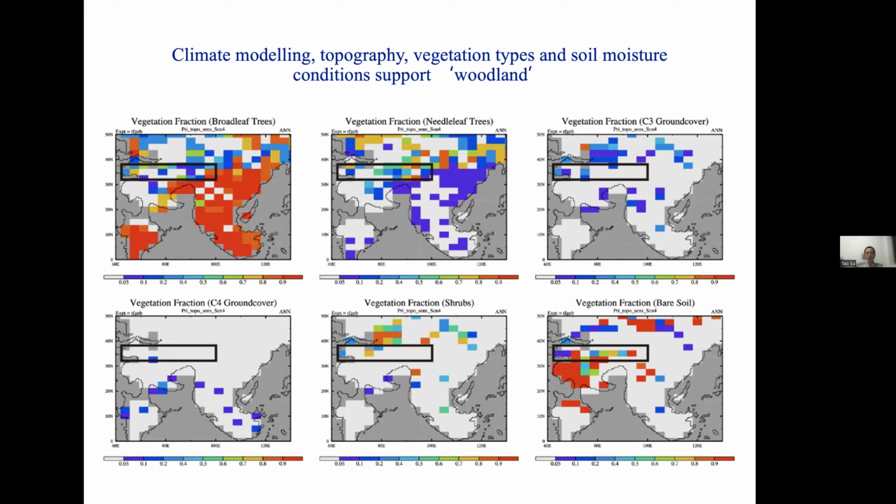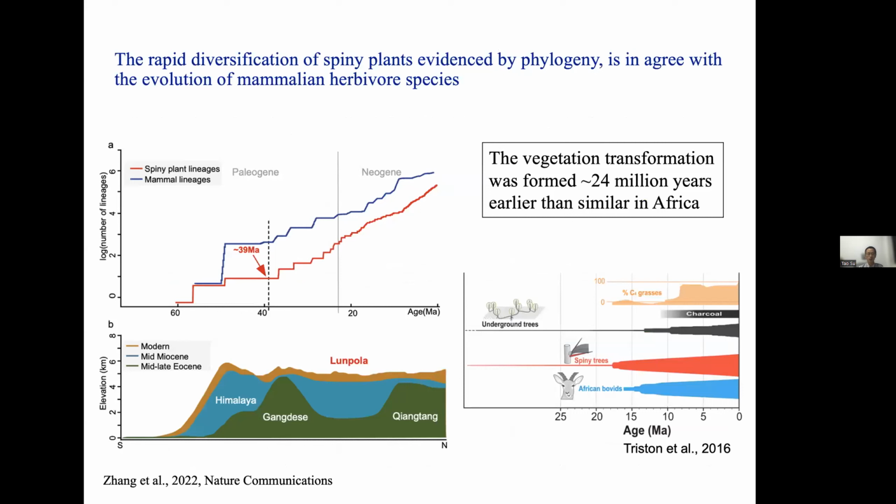And we found that woodland vegetation existed during the Eocene in the central Tibetan plateau. So all together, we can recognize why there were so many spiny plants during the Eocene in the central Tibetan plateau.